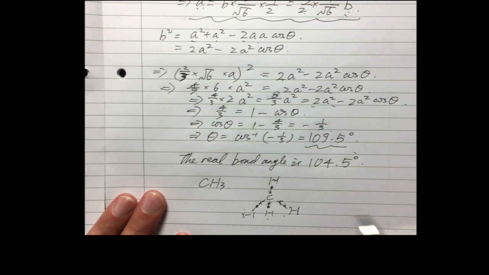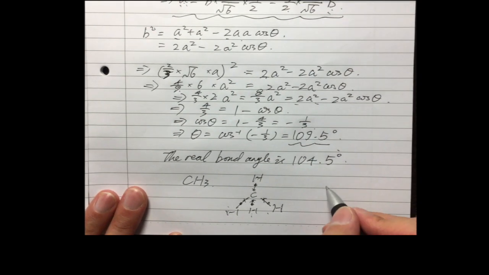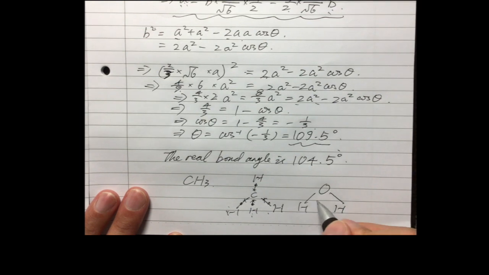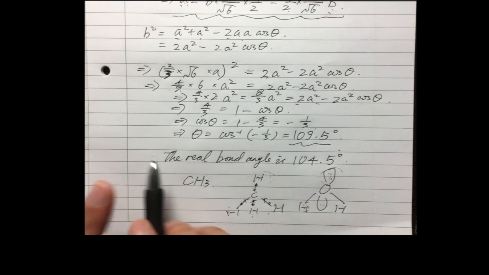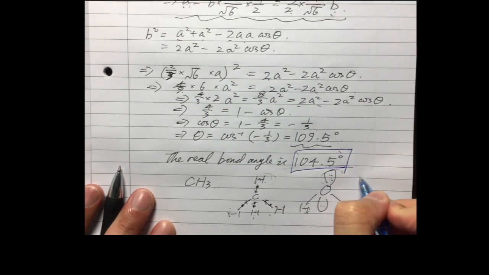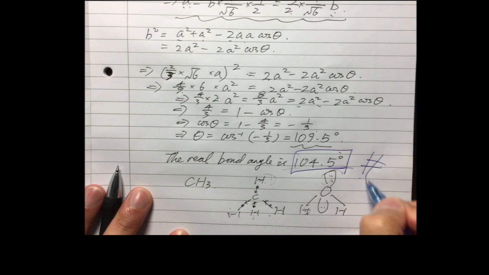Everywhere is the same, but for the water molecule, you got electron pairs, right? They actually have different effects from this. They're not the same, so the effects will be different. The bond angle will be 104.5 degrees. So this is the answer for one molecule.